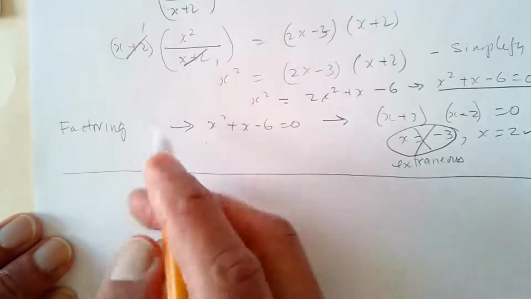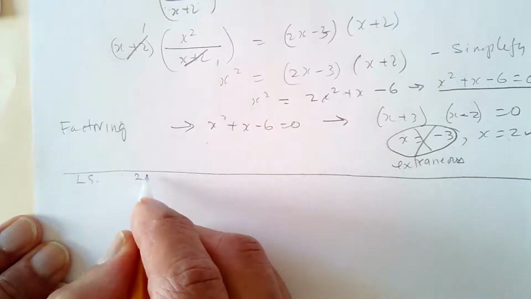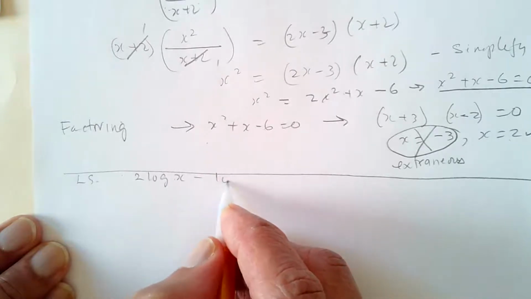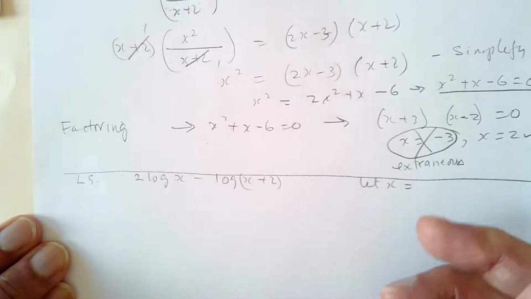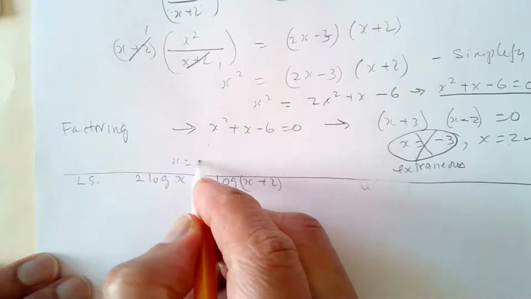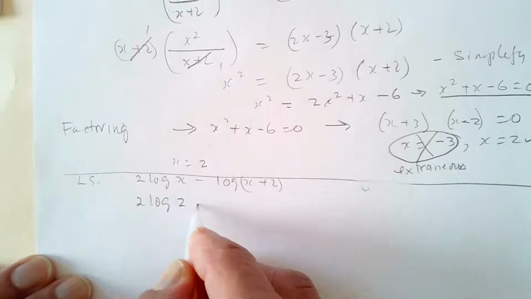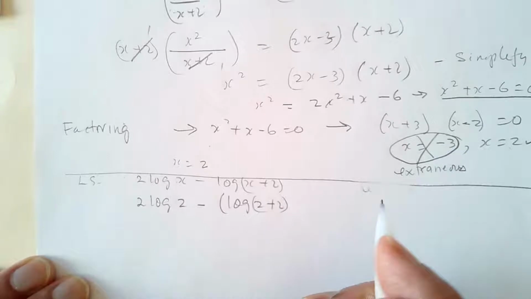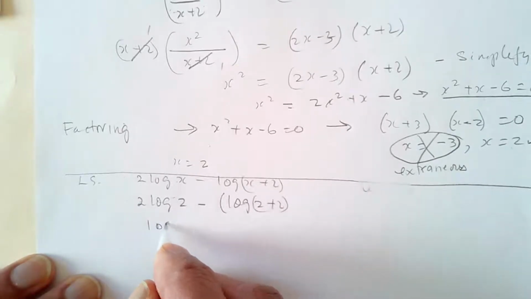So let's work that through. So we have our left side. We have 2 log x minus log x plus 2, where x is equal to 2. So we have 2 log 2 minus, so we have log, use your power law here.